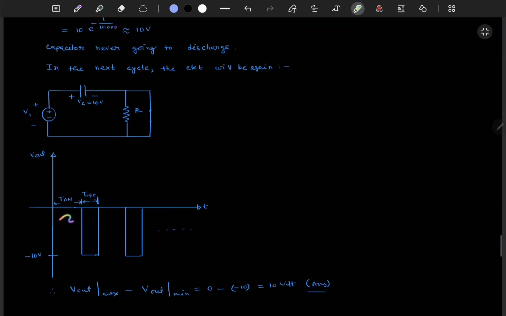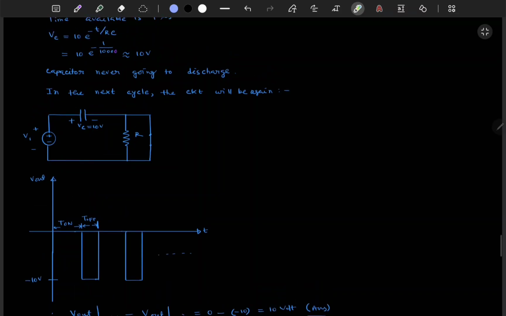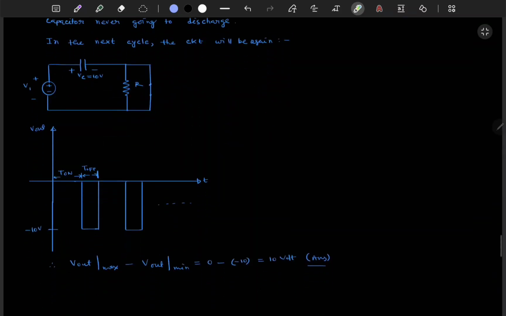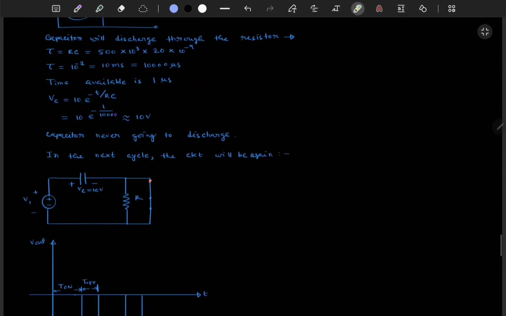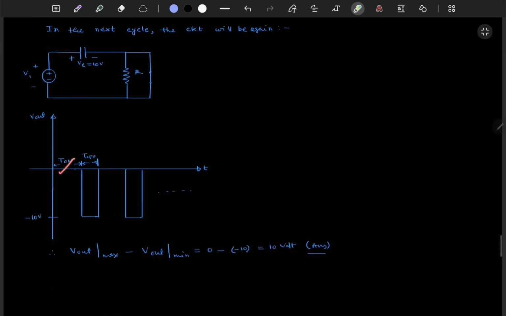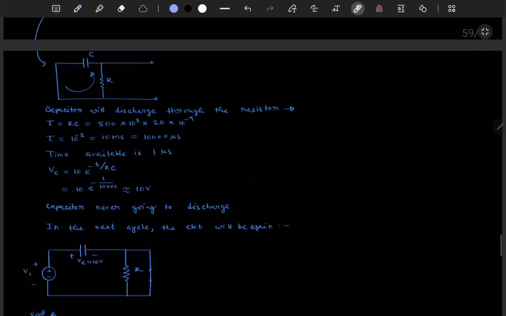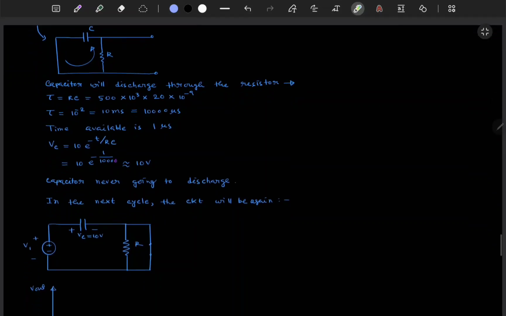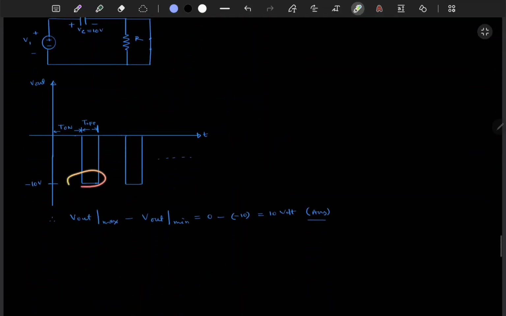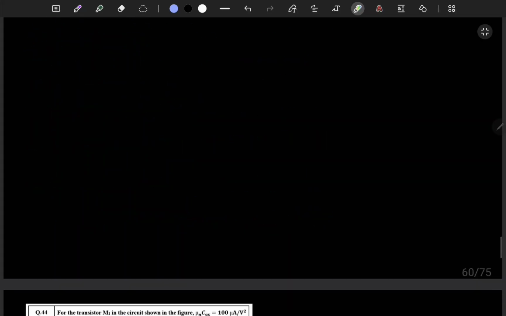Every time, in T on the output voltage will be always 0 because it is shorted, and in T off the output is minus VC. VC is charged up to 10 volt, so minus VC means minus 10 volt. So the maximum is 0 and the minimum is minus 10 volt, so the difference is 10 volt.